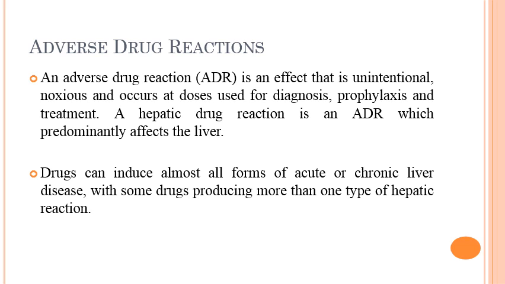The acute effects of the drugs will appear within a few days, while the chronic effects, called chronic liver diseases, will affect the liver after many weeks. The intensity of these drugs on the liver will be different, and there are different pathologies that can occur in the liver, with different types of drugs causing different types of pathologies.